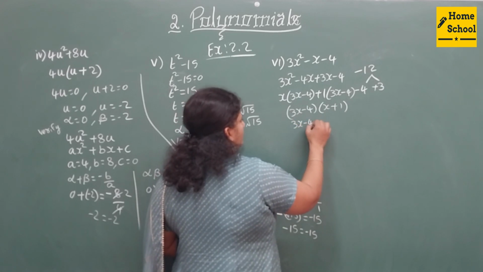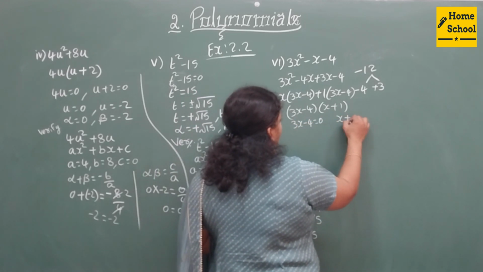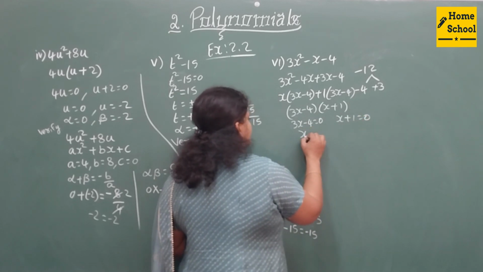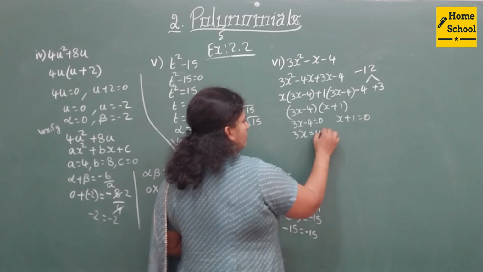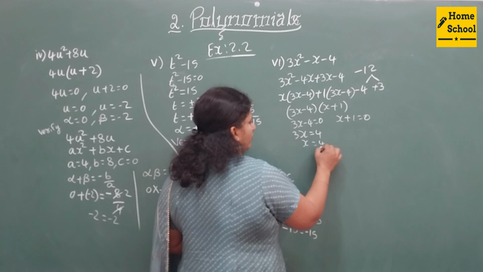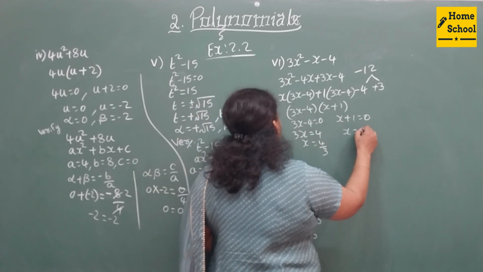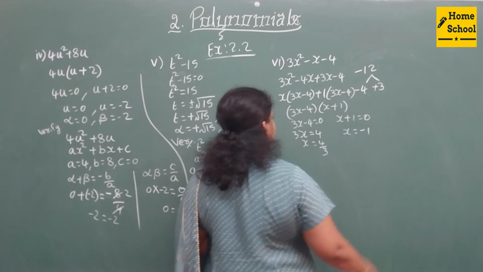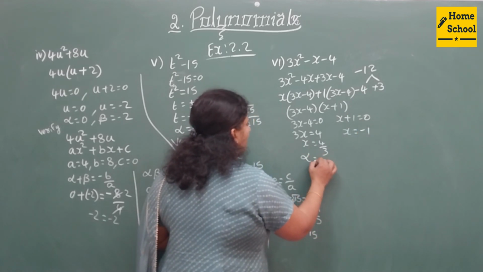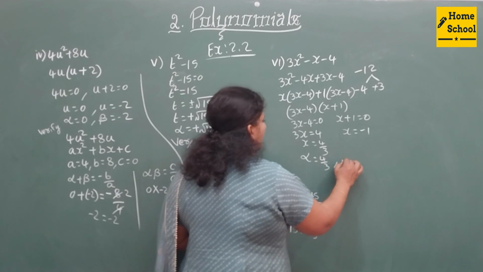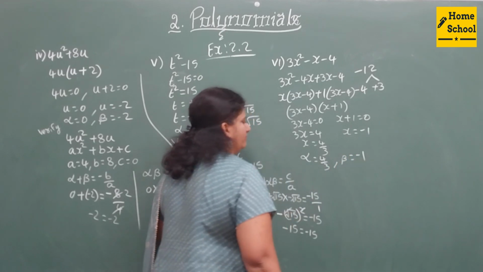So equate to 0 here. That is 3x is equal to 4, x is equal to 4 by 3. Here x is equal to plus 1, if it is transferred to the other side, minus 1. Alpha 4 by 3, beta minus 1.